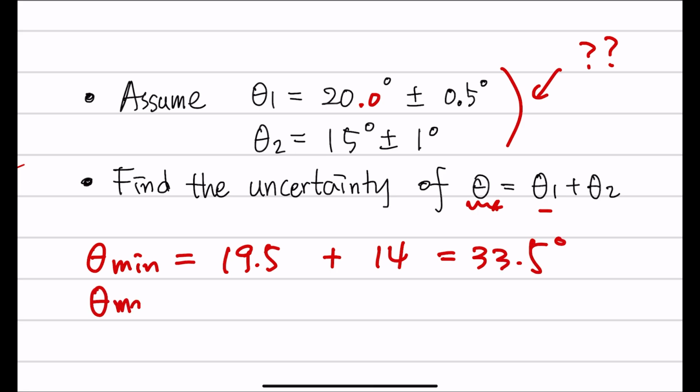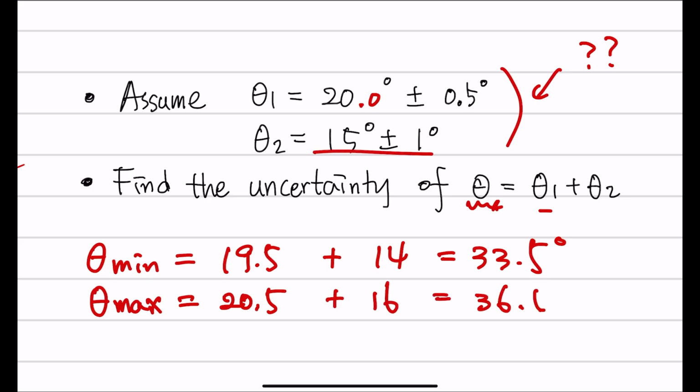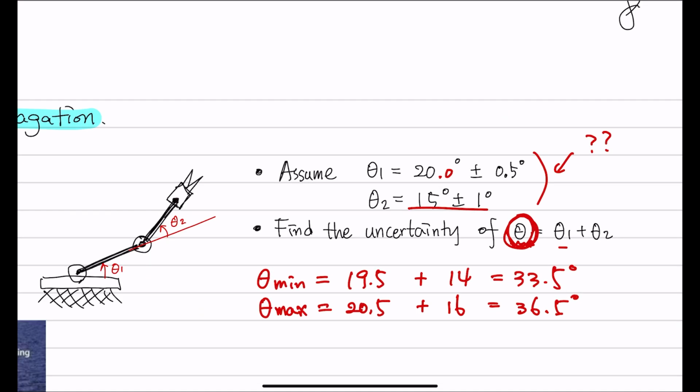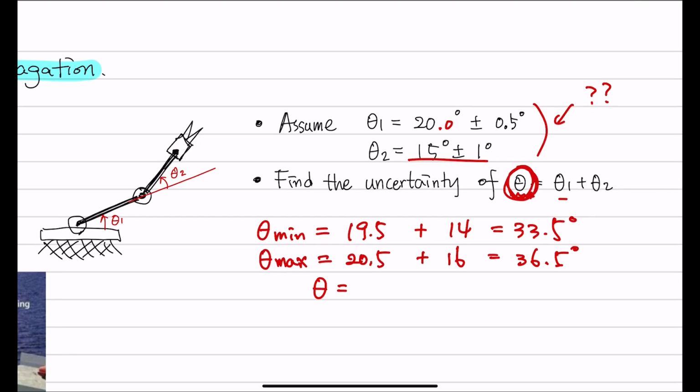Similarly, the max value we can have is 20.5 plus 16, so we have 36.5 degrees. So the uncertainty of the total theta can be what? The summation of these two, so 35 plus or minus, how much does it change? It changes 1.5 and 1.5, so it's 1.5 degrees moving up and down.